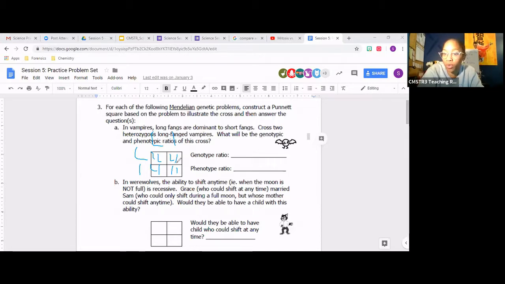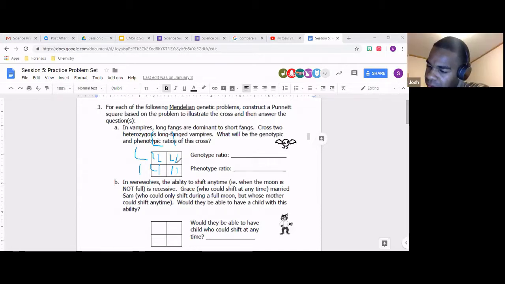That would be the only one with short. Okay. And then the genotype would be 75% LL big L's, and then 25% big L little L. I think so.